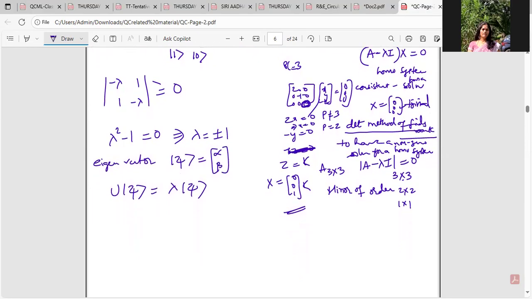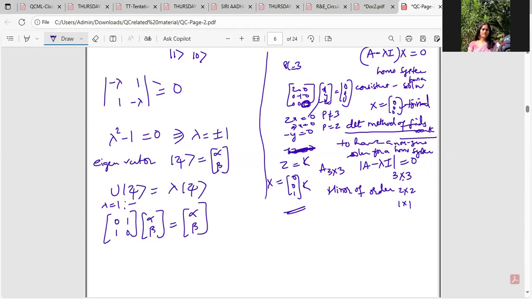U is nothing but 0, 1, 1, 0 into alpha beta, equal to lambda, and lambda is equal to 1 is what I am taking here. Of course, this is all the stuff that you have in matrices, just a recollection. So 0 into alpha plus beta is equal to alpha, that is the first equation. Second equation is alpha is equal to beta.